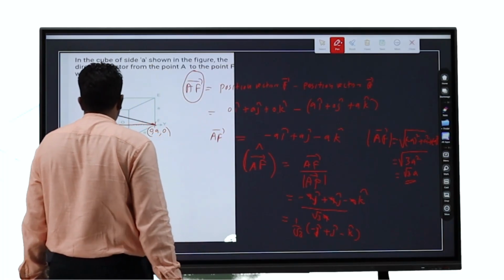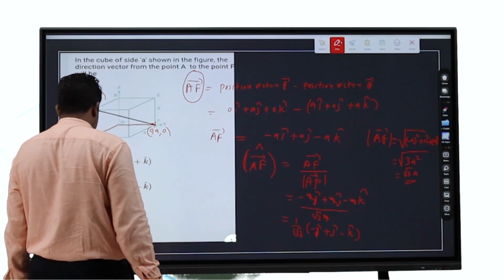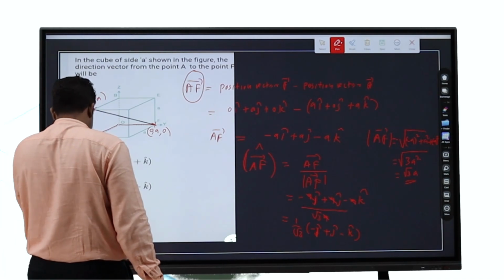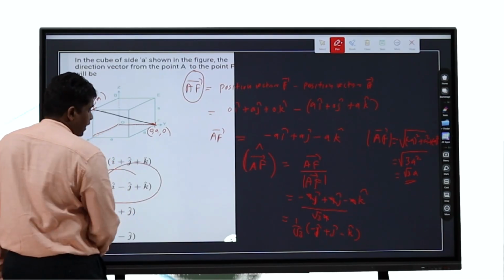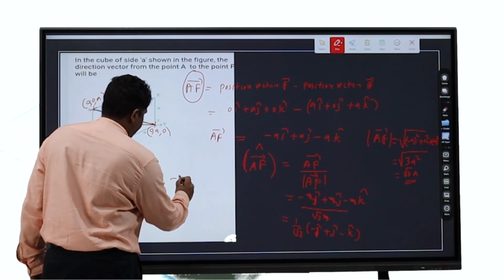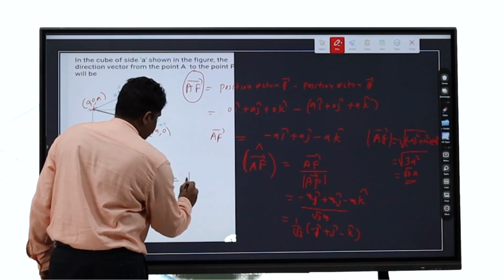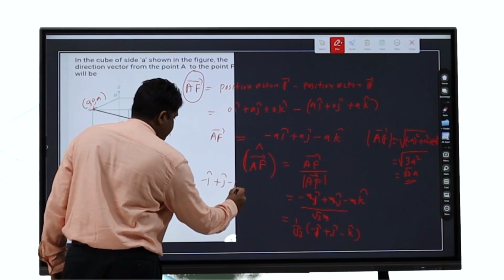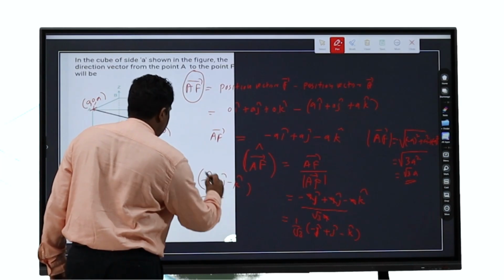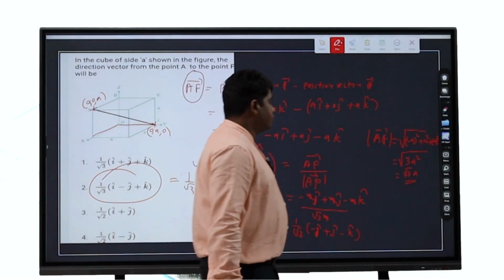There is no option given, that was a mistake while writing it. So 1 by root 3 times minus i plus j minus k is the answer. Okay, got it?